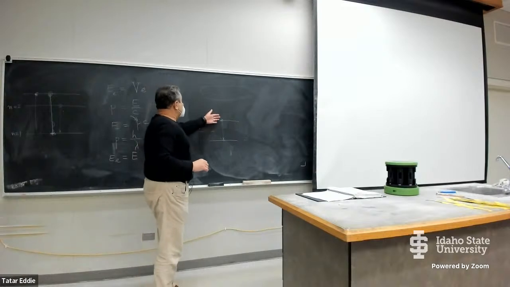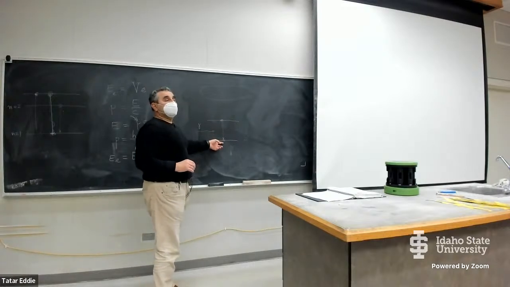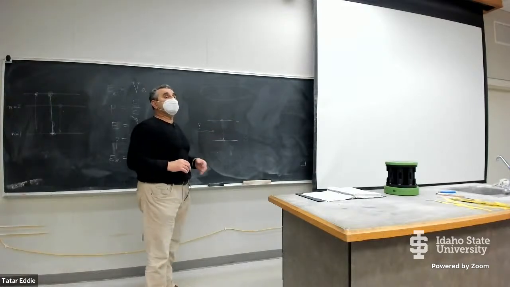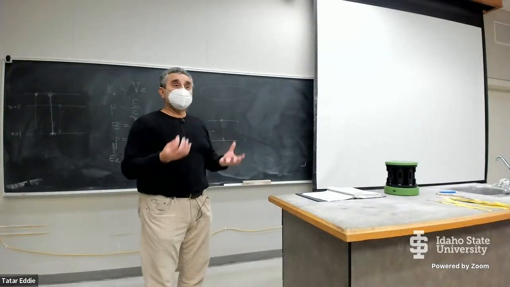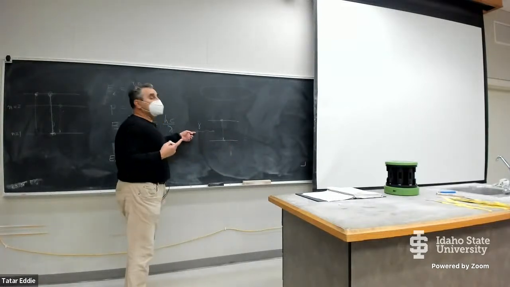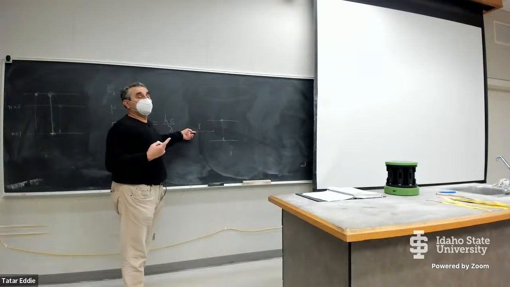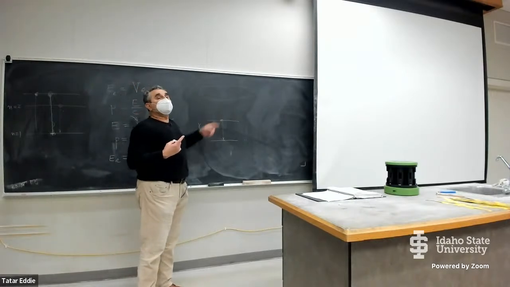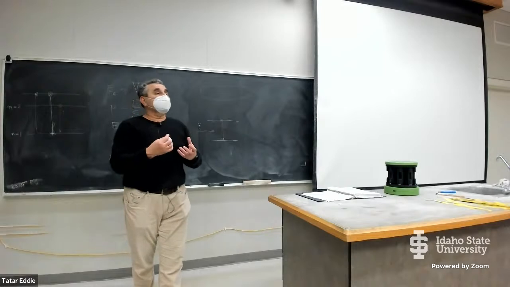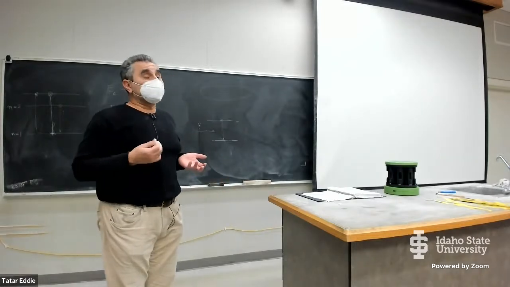The electron would fall to the lower energy state spontaneously by itself. But if there is another photon with the right energy, the transition is stimulated. It is going to happen with higher probability.